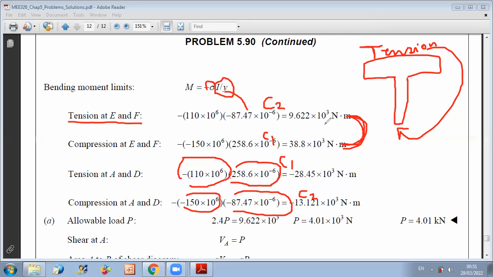So here you have two constraints: one for your maximum positive moment, and one for your maximum negative moment.